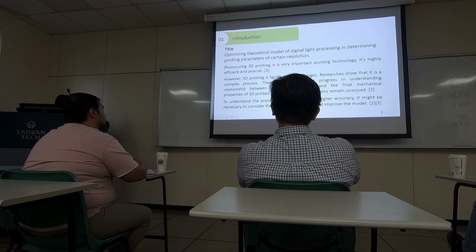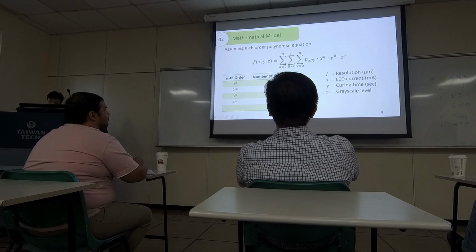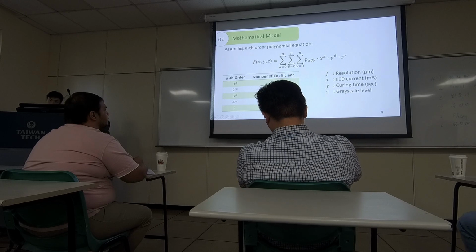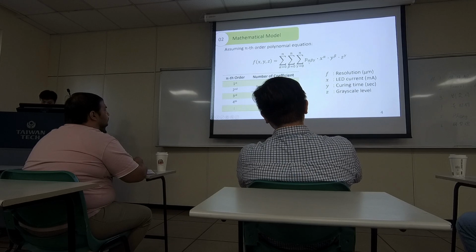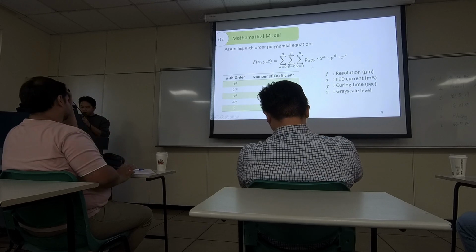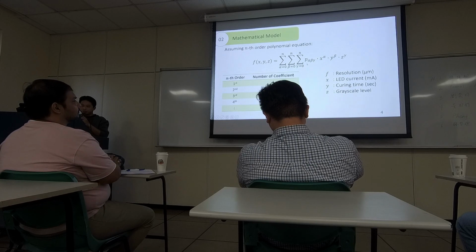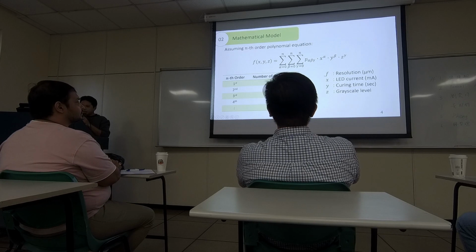And going to the mathematical model, this will be our theoretical model. We assume that the equation is a polynomial order equation. This theoretical model represents the relationship between printing parameters, and this will be the meaning of the symbols.